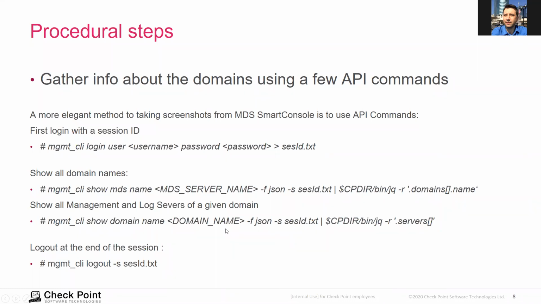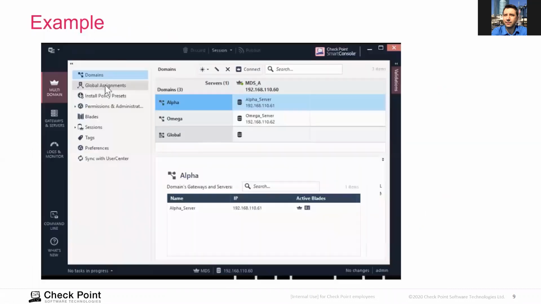If you would like to back up and restore a domain, perhaps you want to get this information ahead of time. Again, those are the commands that we can use. I'm going to give you an example. I have this MDS with two domains, alpha and omega, and we see the alpha server and omega server as the domain management servers with their IPs.